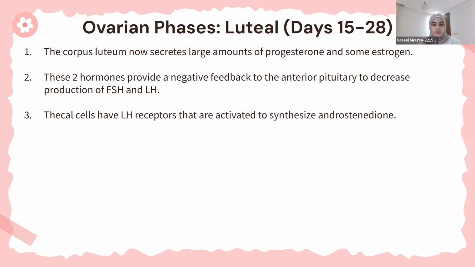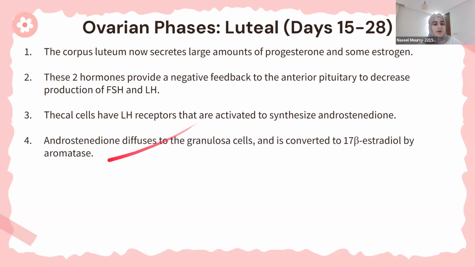Okay, don't worry about this part. We will be talking about it again and again repeatedly. Okay, so do not worry. So again, androstenedione diffuses to the granulosa cells and it's converted to 17-beta estradiol by aromatase. Now, estradiol, estrogen, estrone, these are all the same thing, okay? But I'll be using estradiol and estrogen interchangeably.